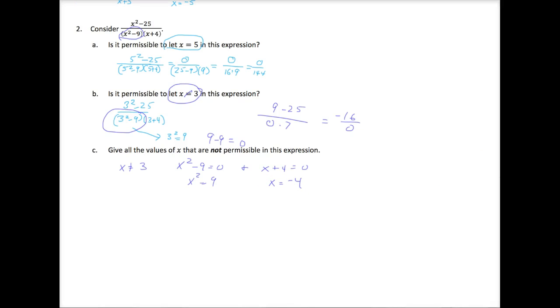If I take the square root of both sides of that first one, x could be plus or minus 3. The square root of 9 has 2 roots, because negative 3 squared would be positive 9 as well. So x cannot equal 3. As a matter of fact, x can't even equal negative 3, and x certainly should not equal negative 4. So we've got 3 answers that cannot happen.